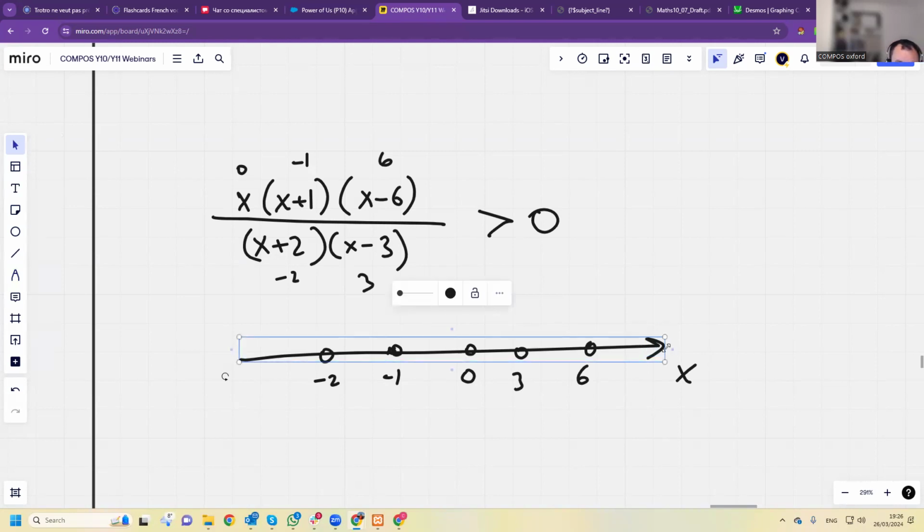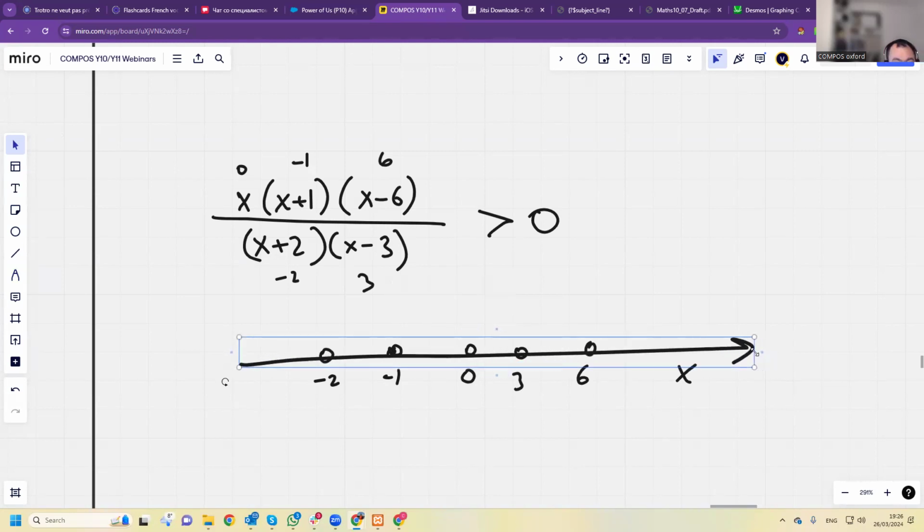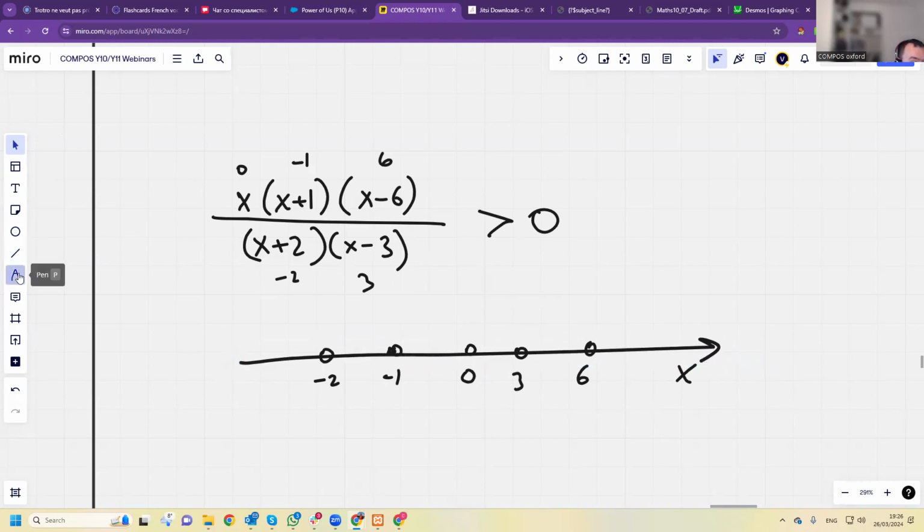You test a very large number. Usually you test a large number. You don't have to, but it's advisable to use a big number because it's easy to test. 100 times 101 times 94 divided by 98 divided by 102 divided by 97. They're all positive, so it's positive. Negative, positive, negative, positive, negative.